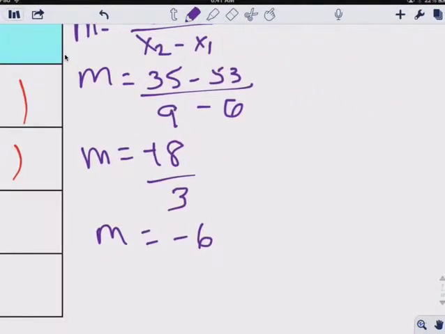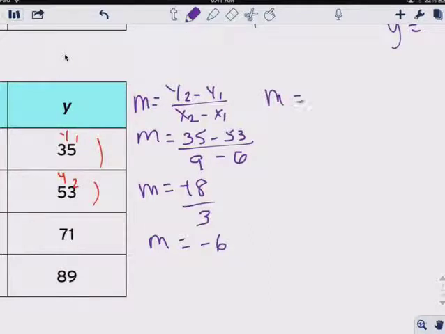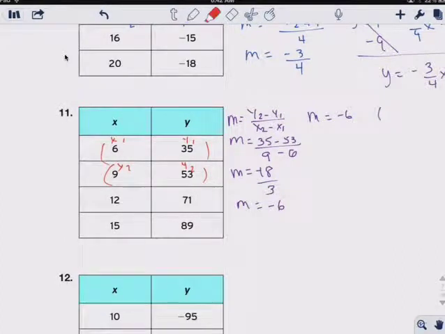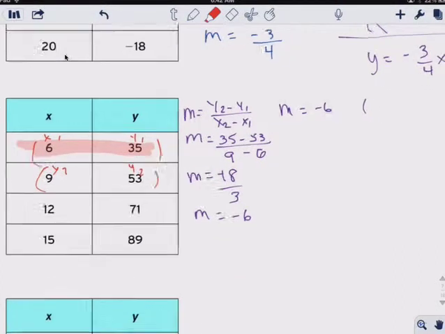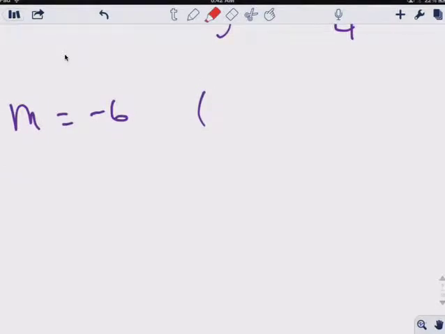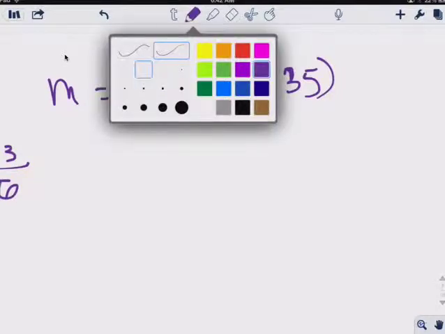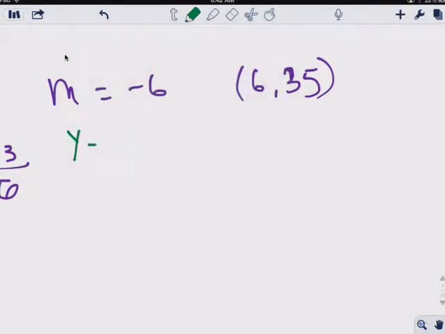Okay, so if m is negative 6, all the points don't look good. Let's choose the first one, it's just as good. 6 and 35. Okay. So, I'm going to do y minus y1 equals m parentheses x minus x1.